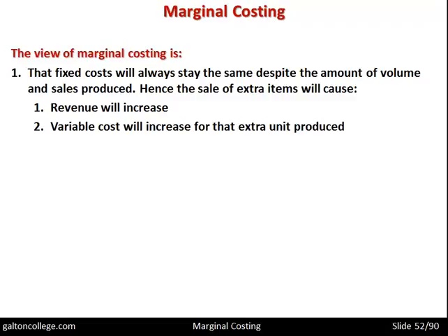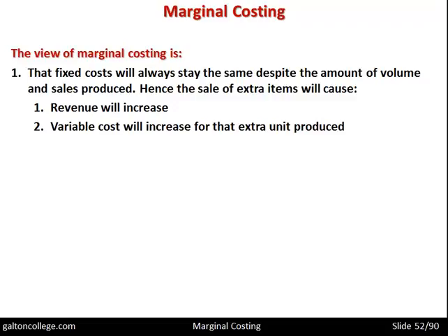Variable costs will increase for that extra unit produced, because the more that's produced, the more variable cost, the more raw materials will be required to make the extra unit, the more labour will be required, the more additional expenses, whatever they are, will be required. So variable costs will increase, but revenue will increase because the item will be sold.